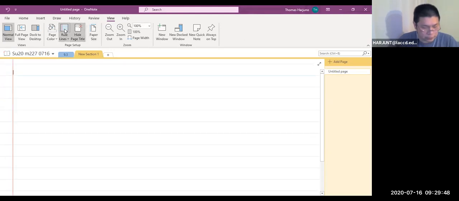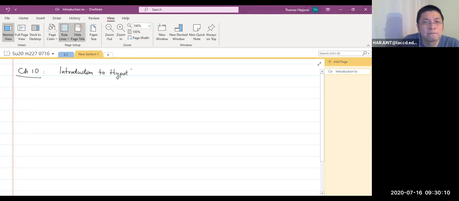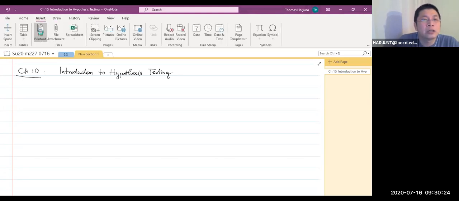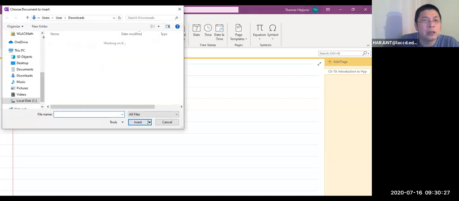So instead of calling it 10.1, 10.2, 10.3, I will call it chapter 10, introduction to hypothesis testing. And I will insert a file that I did last semester.